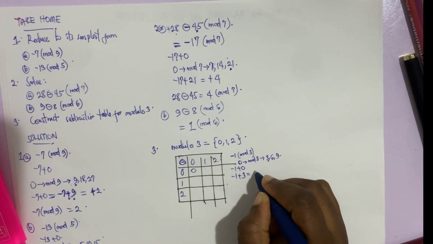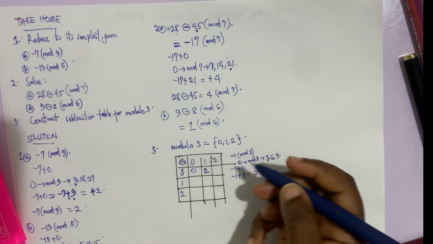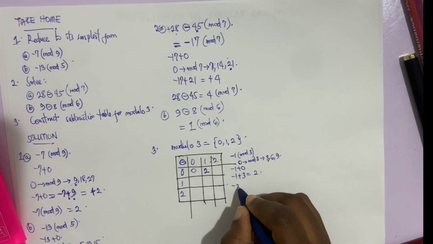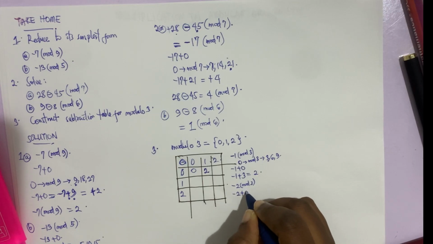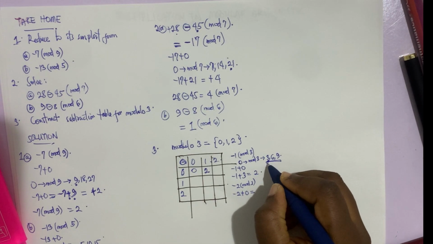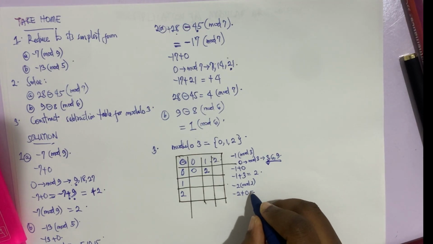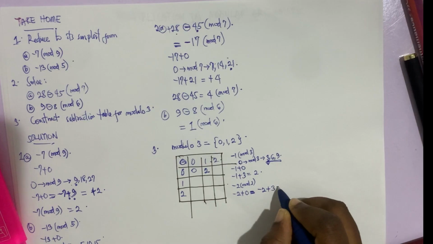So minus 1 plus 3 will give us 2. So 0 minus 2 will give us minus 2 in modulo 3. Minus 2 plus 0, but 0 in modulo 3, I have highlighted it, so we pick the least value that makes this solvable, which is 3. Minus 2 plus 3 will give us 1.